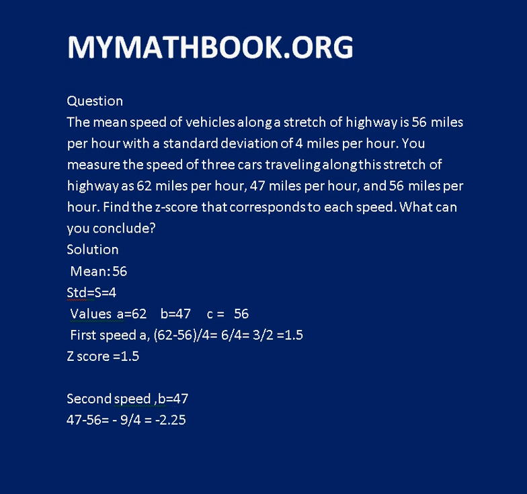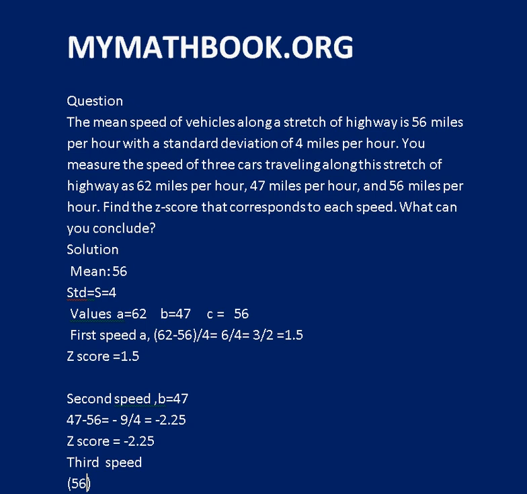And then the final one, which is the third speed. Let me go ahead and write the z-score for the third speed. They give us 56, so we're going to put it in parentheses again.